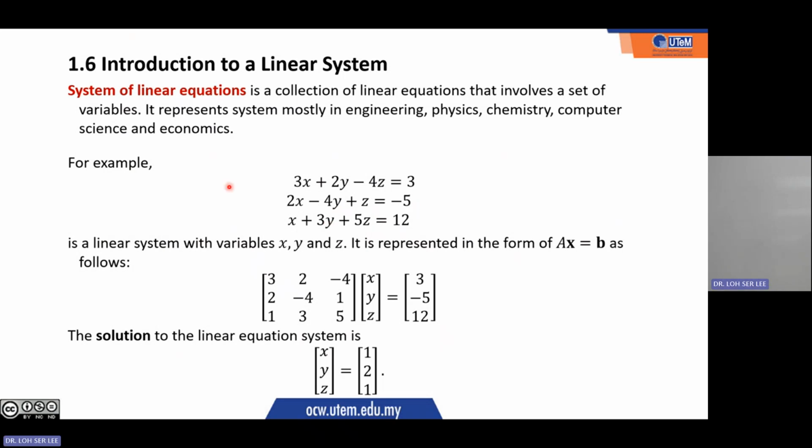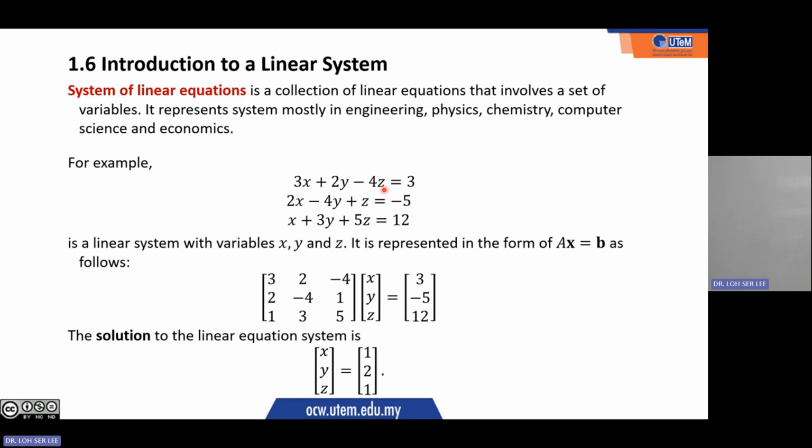So for example, from this linear system, we can present this in the form of Ax = b. The A is extracted from here: 3, 2, minus 4. But first of all, you have to make sure the x, y, z are in order, x, y, z.